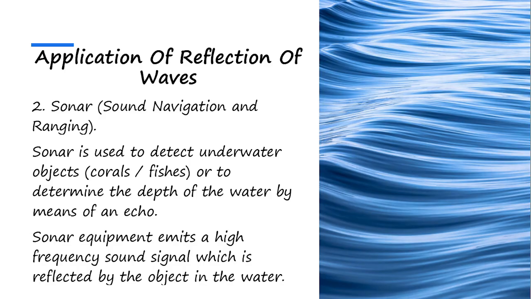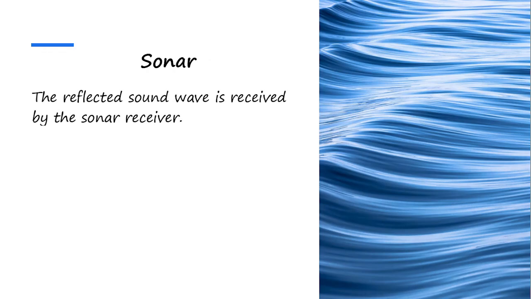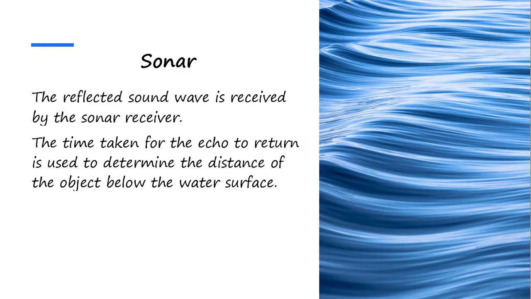Sonar equipment emits a high frequency sound signal which is reflected by the object in the water. That's how it works, and the reflected sound is received by the sonar receiver. Now the time taken for the echo to return is used to determine the distance of the object below the water surface. So that's how sonar helps to determine depth under the water surface.